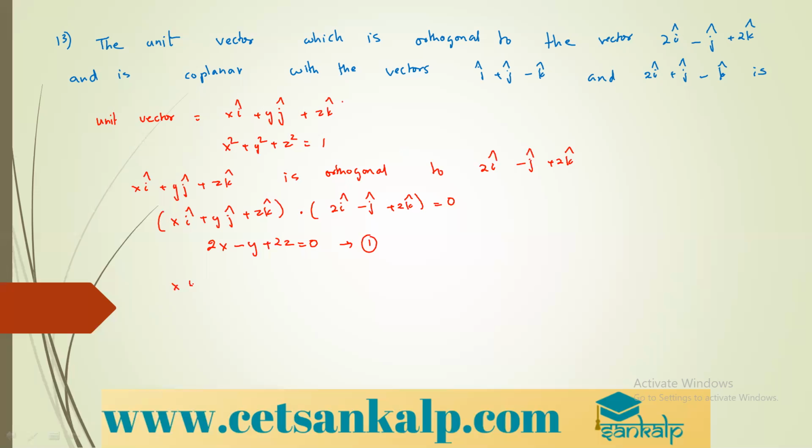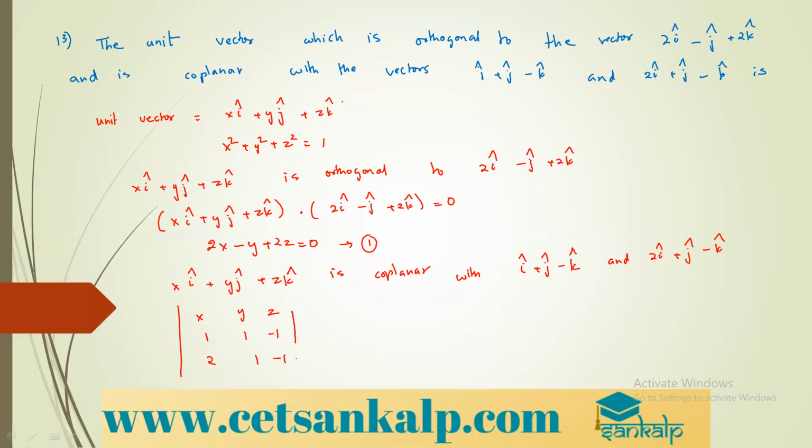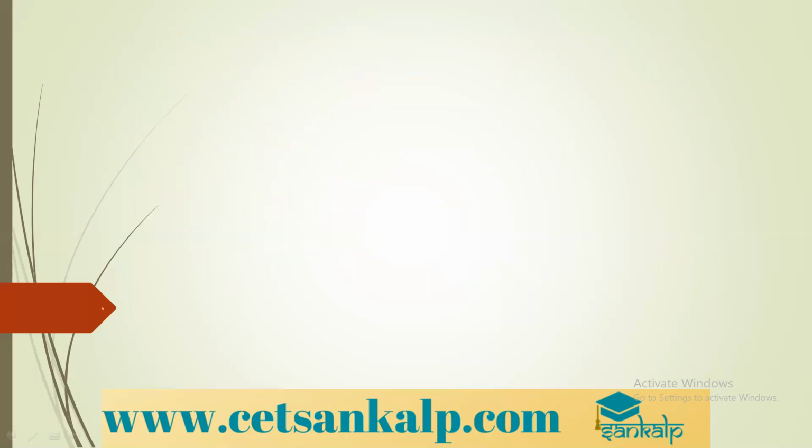Again, the unit vector xi plus yj plus zk is coplanar with the vectors i plus j minus k and 2i plus j minus k. Coplanar means the determinant with rows x, y, z; 1, 1, minus 1; 2, 1, minus 1 is equal to 0.